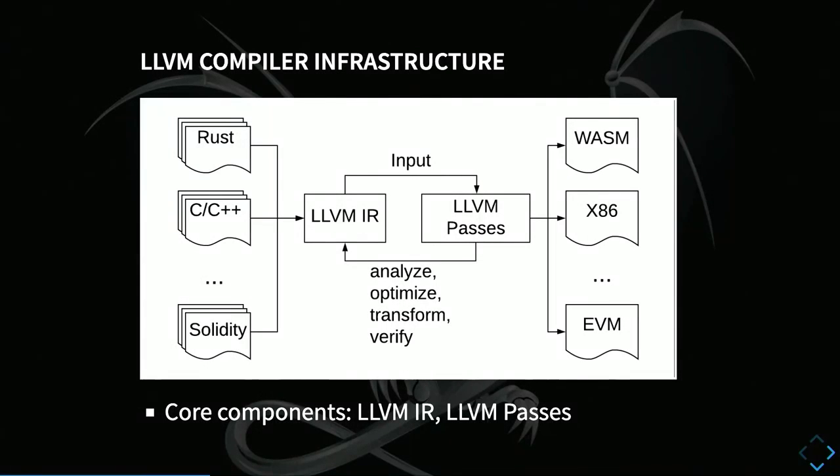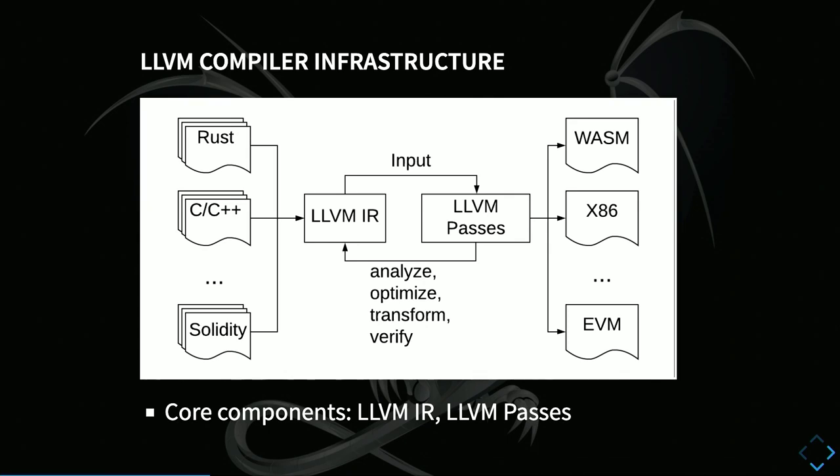At the core of the LLVM infrastructure, let's see the LLVM IR. The LLVM IR is the internal representation of the compiler. You have a lot of front-end programming languages, and those programming languages are lowered by their specific front end into LLVM IR.